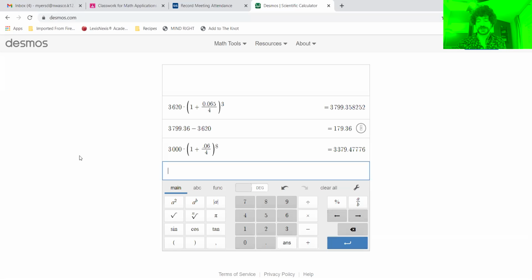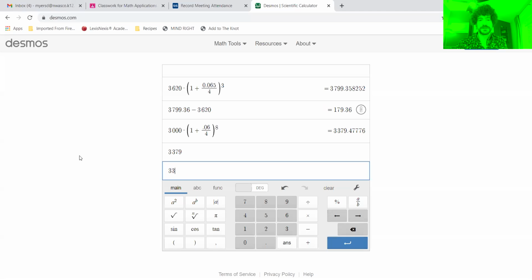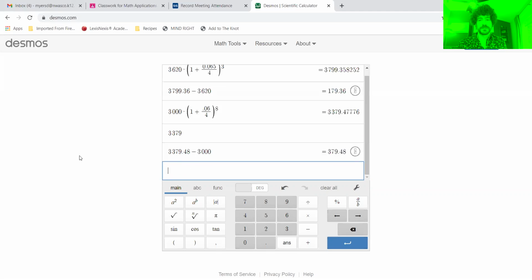Now, if you want to calculate the interest, again, you just take the new amount, 3379.48 minus the original. So that's $379.48 in interest earned over those 2 years. So the interest would equal $379.48. All right, so there's that right there.